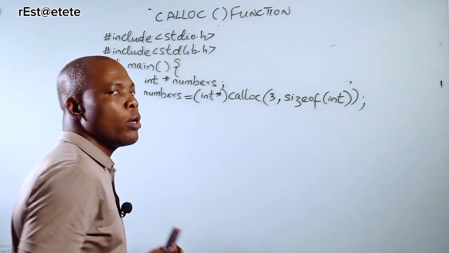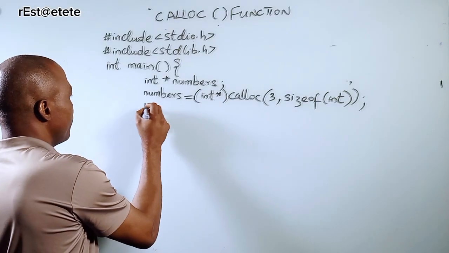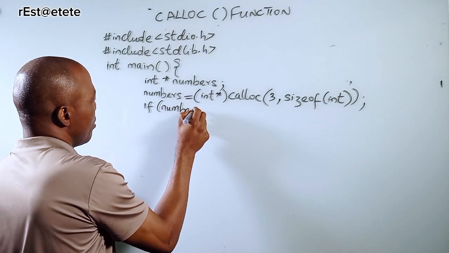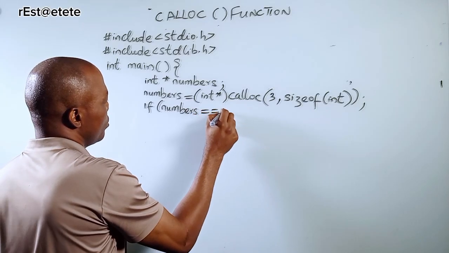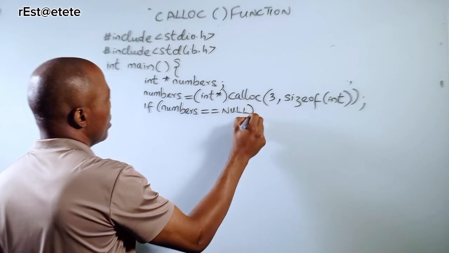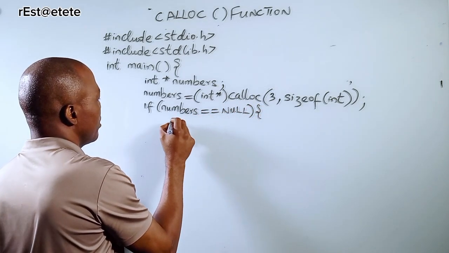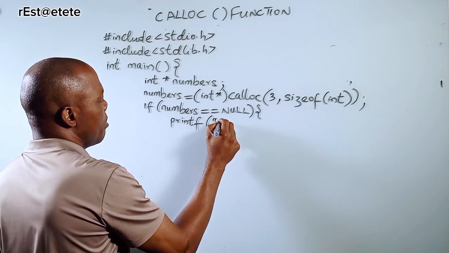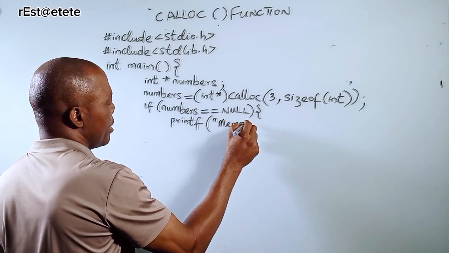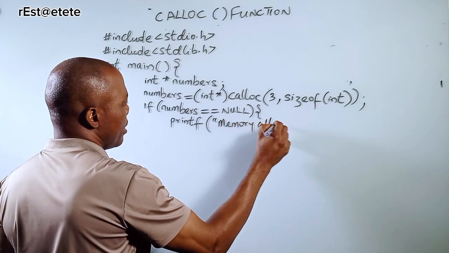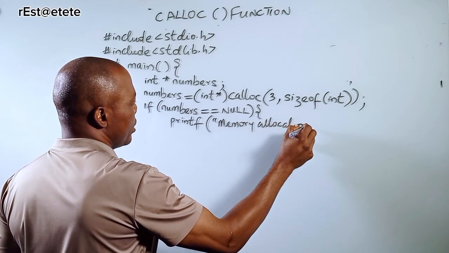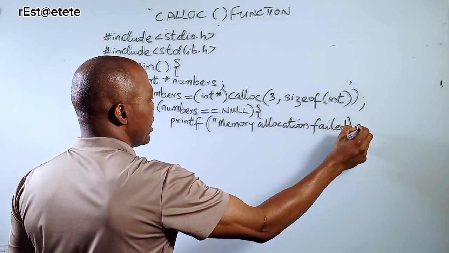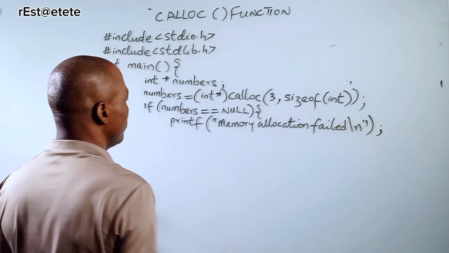So I've done this. Now I'm also going to check. I'll say if numbers equals to null, right? Go in and printf, memory allocation failed, backslash n, because I want it to go out in a new line.